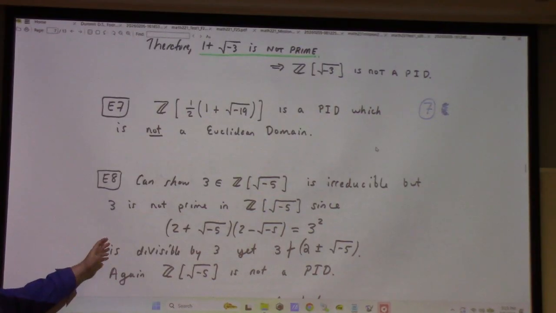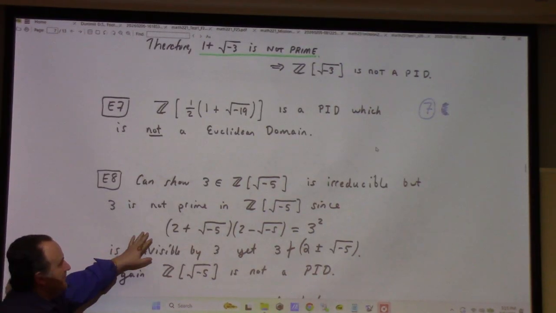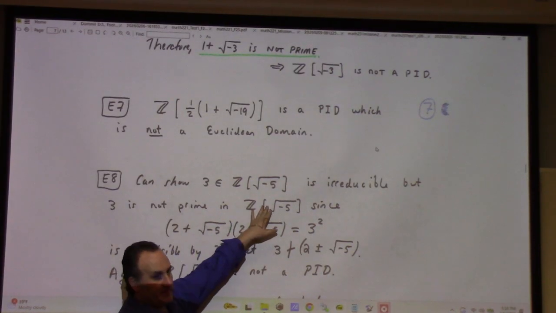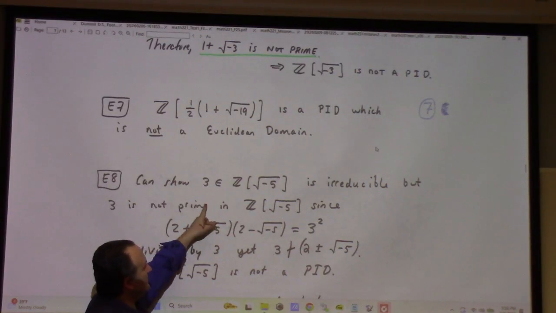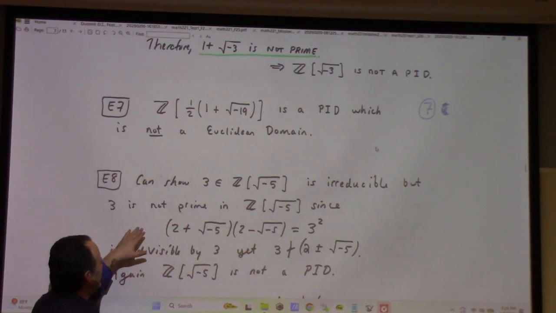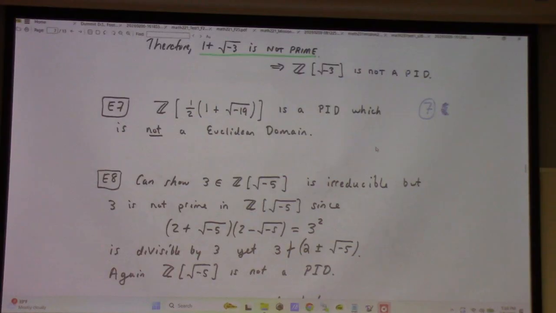Here's another example that's much like the one I already showed you. If we look at Z adjoin the square root of minus 5, 3 is irreducible, but it's not prime. I just want you to feel that for a second. 3 is not prime in Z adjoin the square root of minus 5. That's a little weird, but it's true.